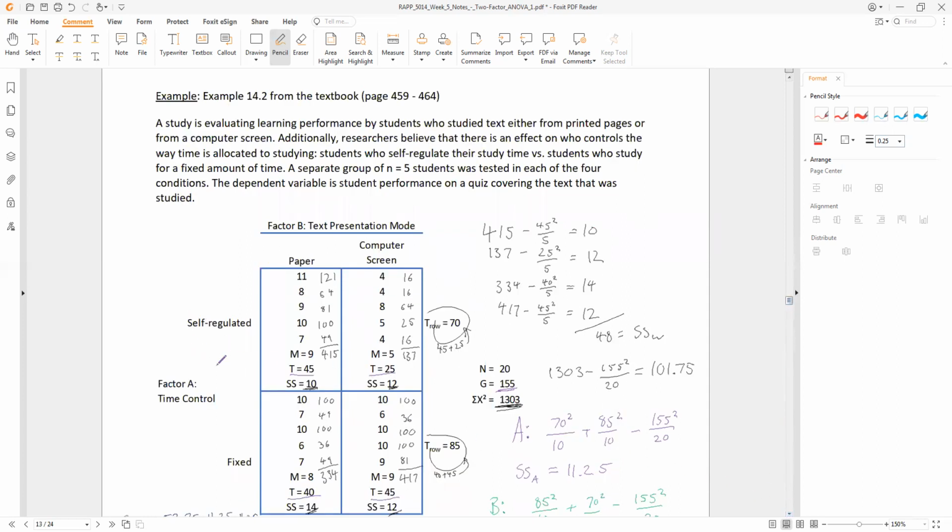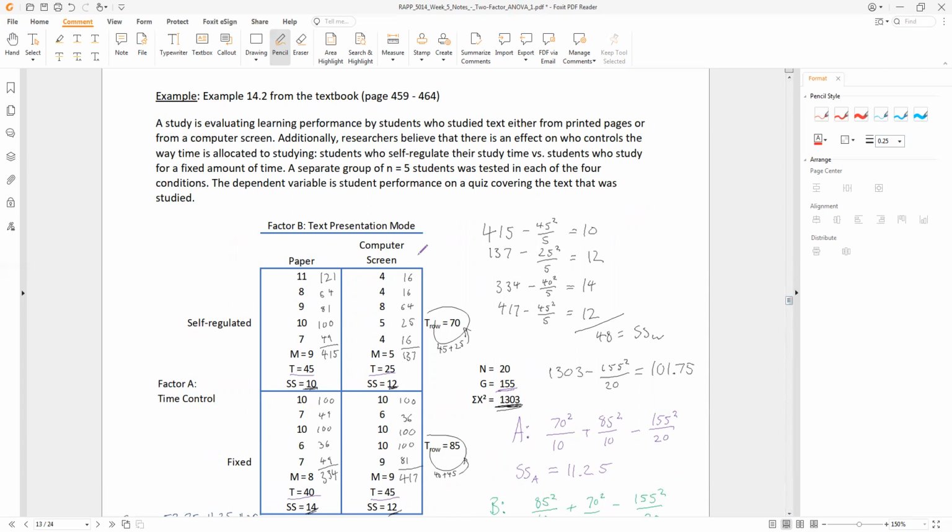Right? Does learning performance depend on whether the students have a self-regulated time or a fixed amount of time? And does learning depend on how they receive the text, via paper or via computer screen? And what our results showed is that text on its own does not seem to have an impact that we can be confident in, right?